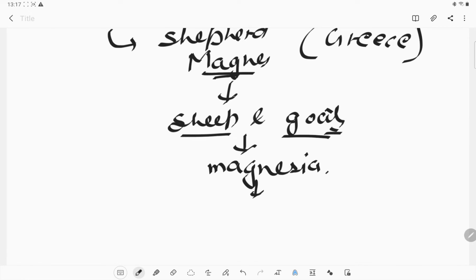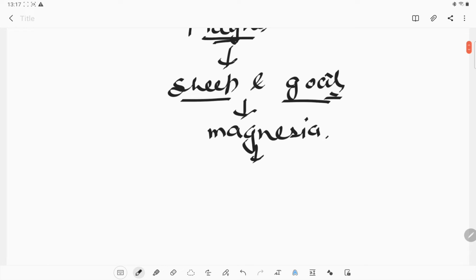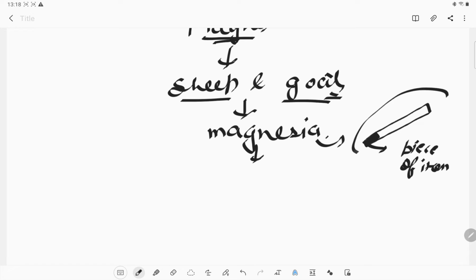One day he found something. One more thing we need to know is that he had a stick, and in the lower end of the stick a piece of iron was attached. He used to take this stick to control the sheep and goats.